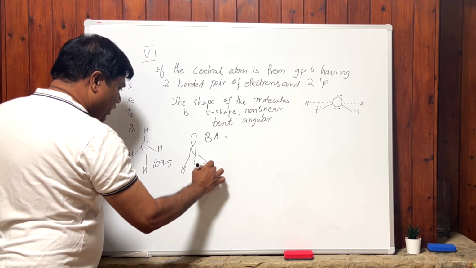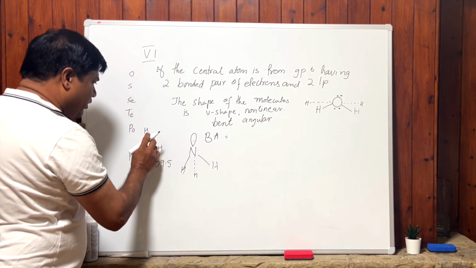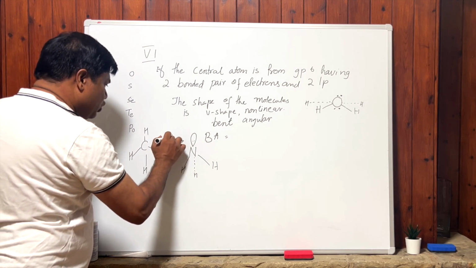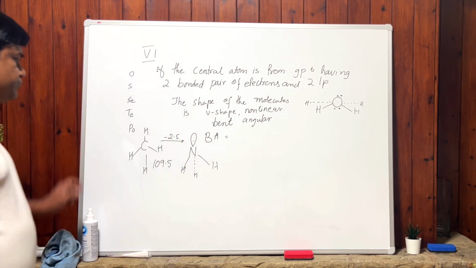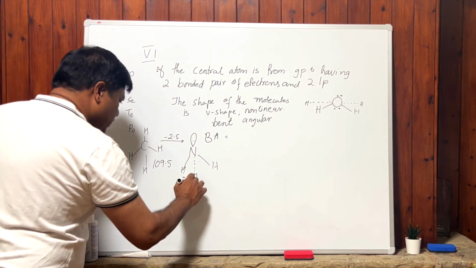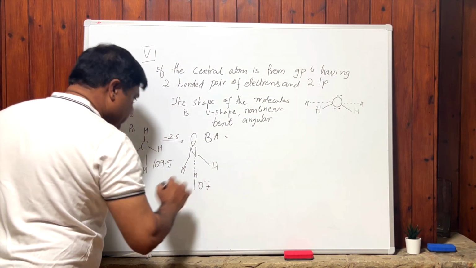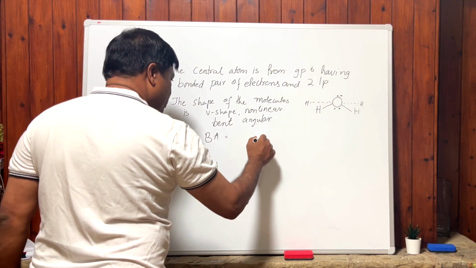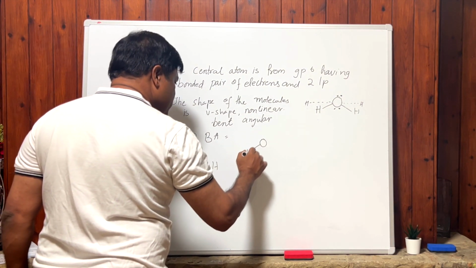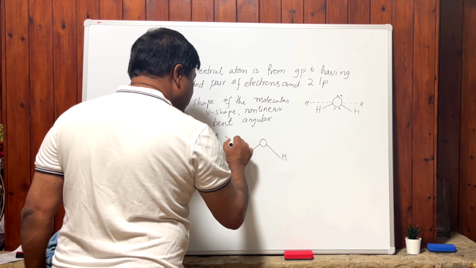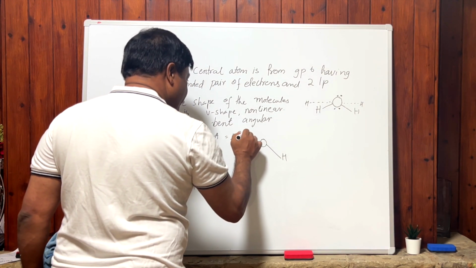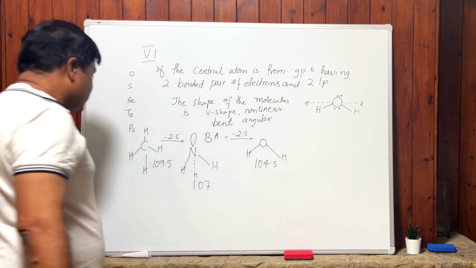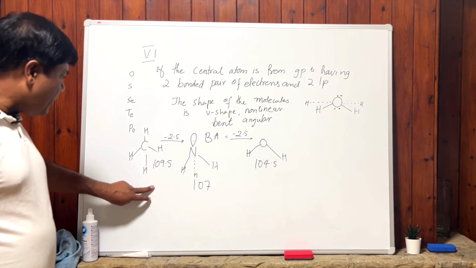When the molecule has one lone pair, we decrease the bond angle by 2.5, so that becomes 107. Then we have two lone pairs, so in case of the water molecule, you have to decrease by a further 2.5. So how much is that? 104.5. It's easy, guys.